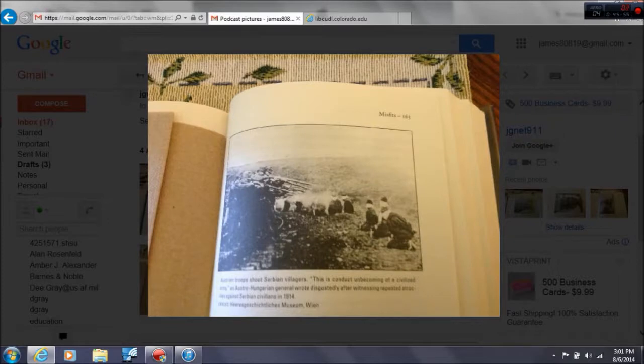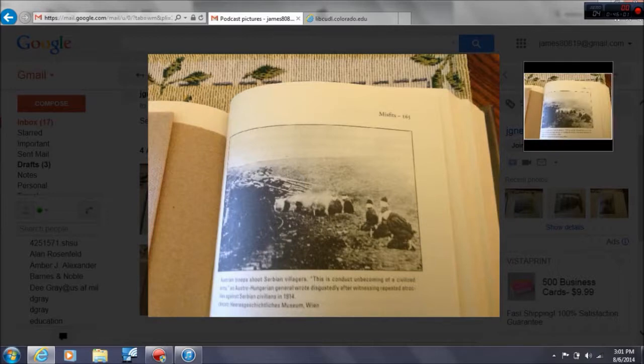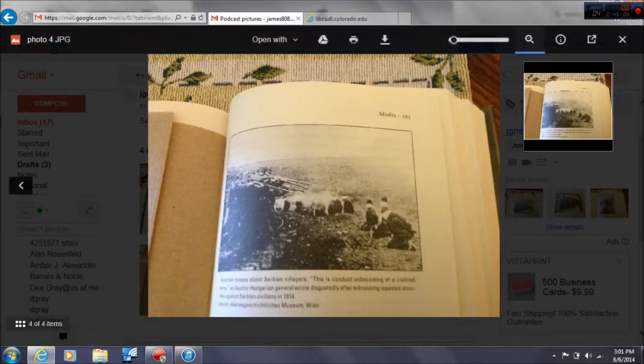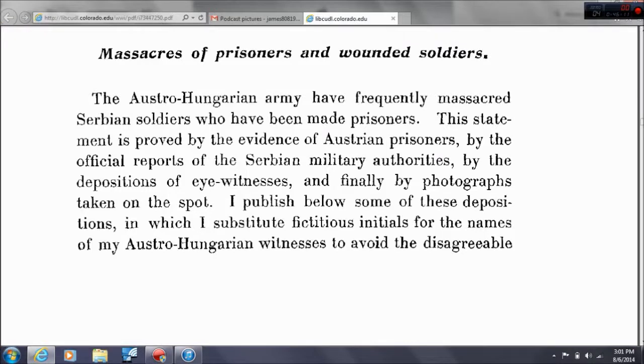The caption reads of the picture I'm showing here: Austrian troops shoot Serbian villagers. You can see the picture of Serbian civilians being shot by Austrian soldiers. Again, part of the atrocities that Rice notates and is in the book that we were talking about earlier.